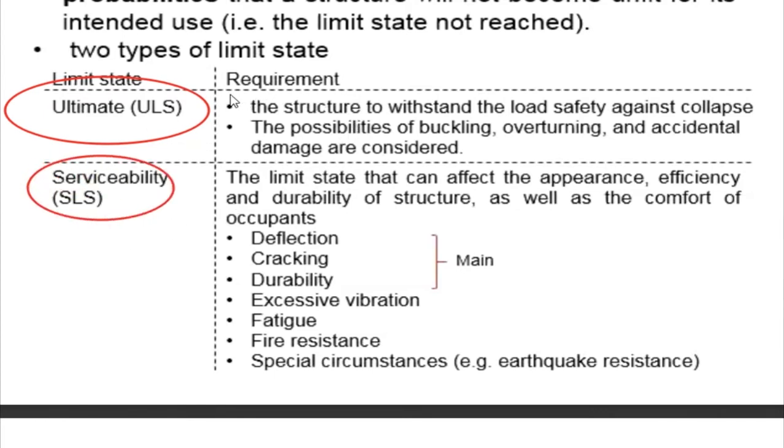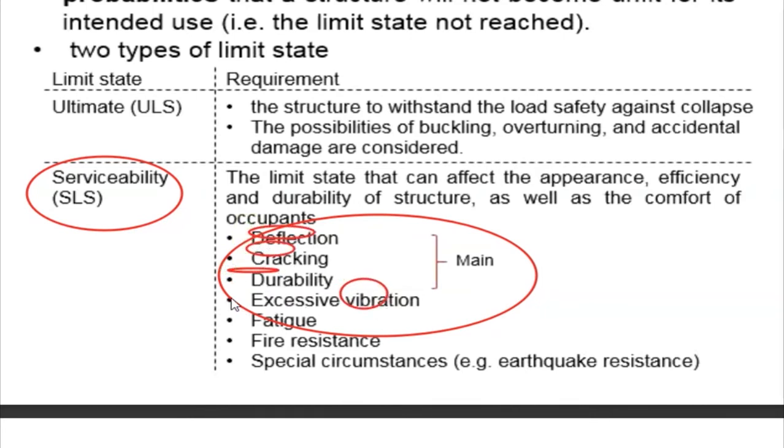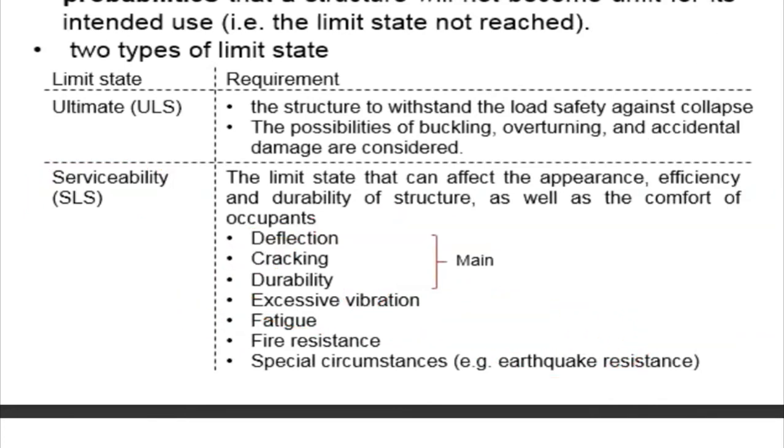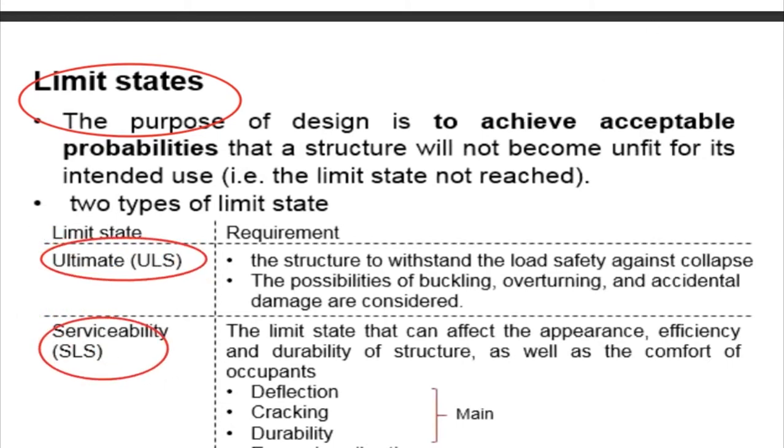Under the ultimate limit state, the consideration, as I said, is collapse, buckling, overturning, and accidental damage. Under the serviceability limit state, the consideration is, as mentioned here, the deflection, cracking, durability, vibration, fatigue, fire resistance, even the earthquake. Now these are the two considerations for the limit state, in which you consider the ultimate and the serviceability limit state.